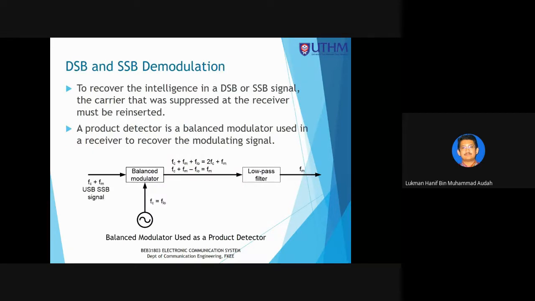So tadi kita dah lihat berkenaan dengan demodulation process untuk double sideband full carrier. Okay, so ini okay. So macam mana pula dengan demodulation process for the double sideband suppressed carrier and also the single sideband?